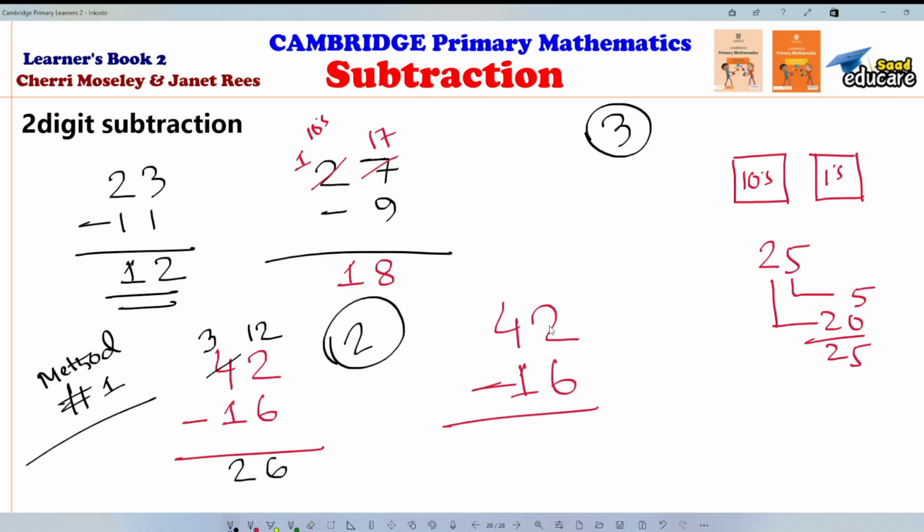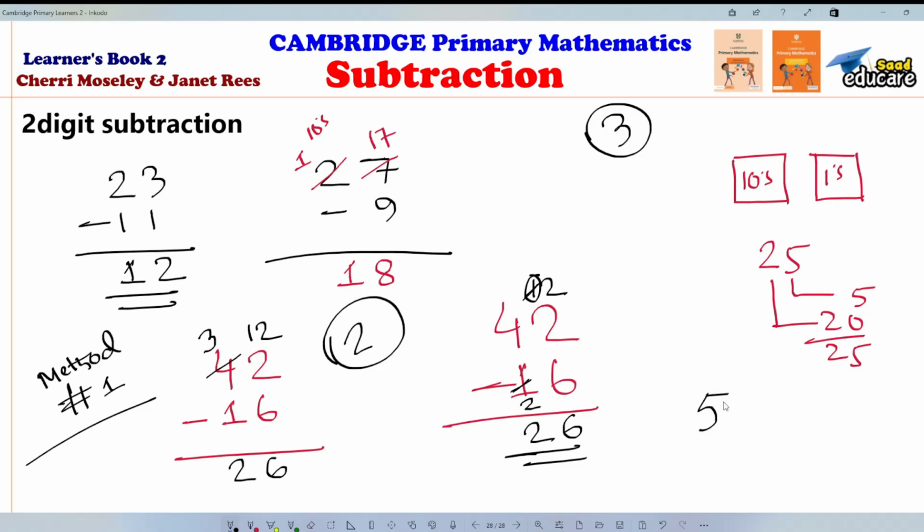Let's see, this is 2, we consider this is 12 because we take 1. So 12 minus 6 is a 6. This one we will add here. So 1 become 2. So 4 minus 2 is a 2. So answer is 26. Let's practice another one.